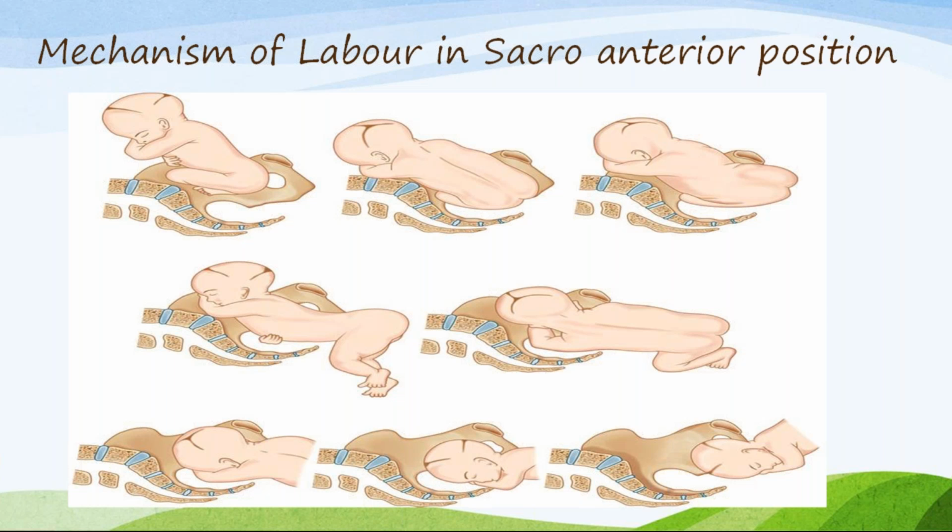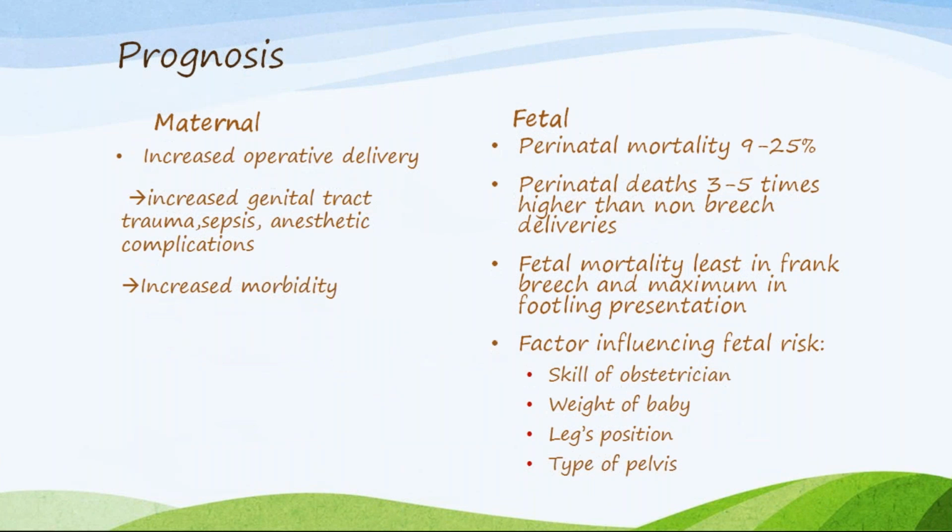With suprapubic pressure, the flexion is maintained and the engaging diameter will be reduced. Gradually the chin delivers, then mouth, nose, brow, and then the occiput. So like this is the mechanism of delivery.